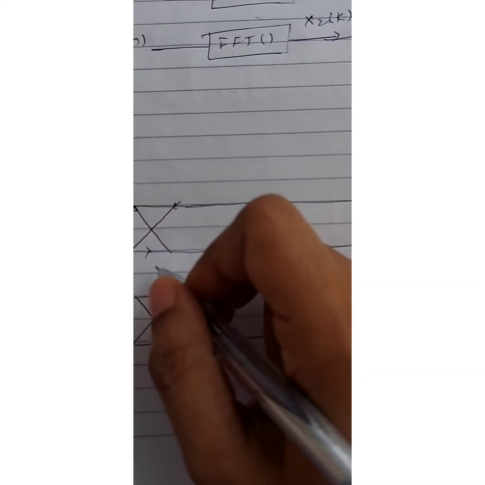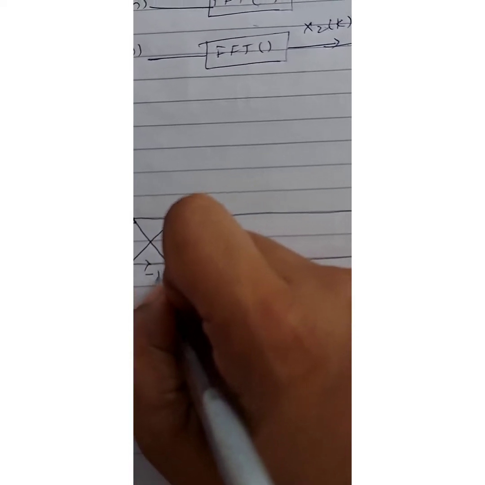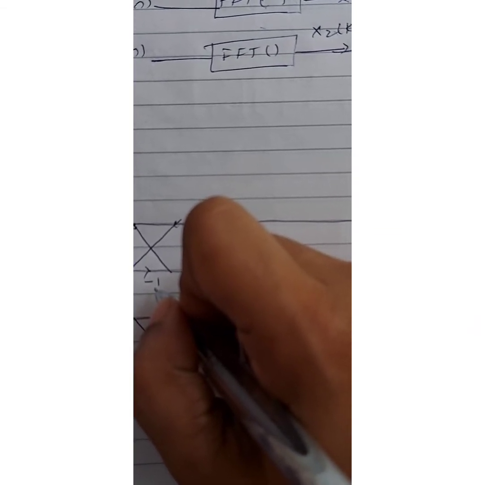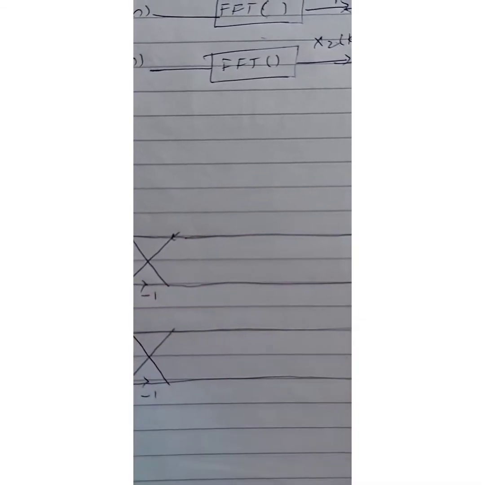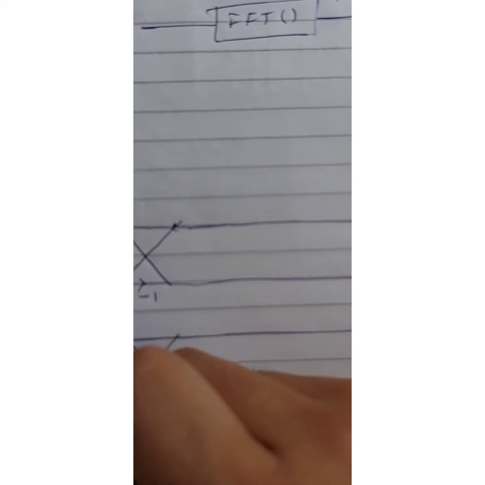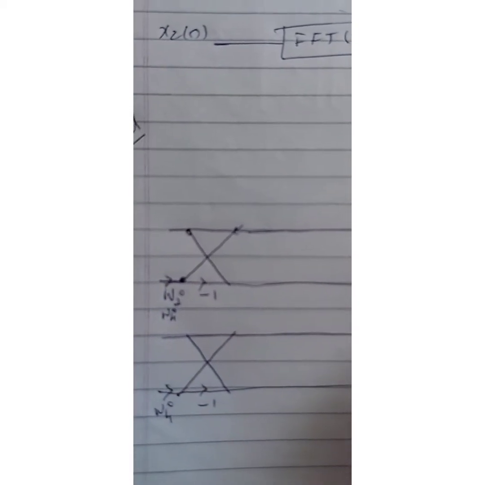Here all you have is a -1 and this is your W2 raised to 0, which is the same as W4 raised to 0. W4 raised to 0 is nothing but 1. You have this, followed by your 4-point butterfly.